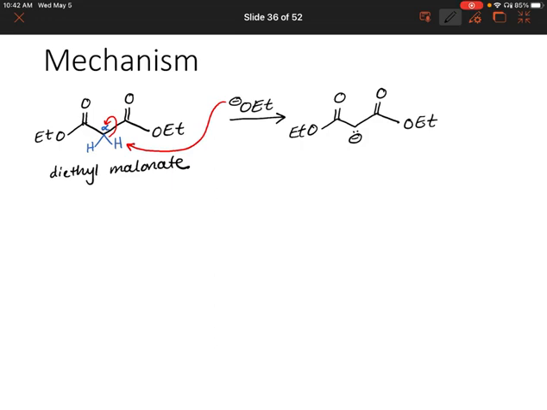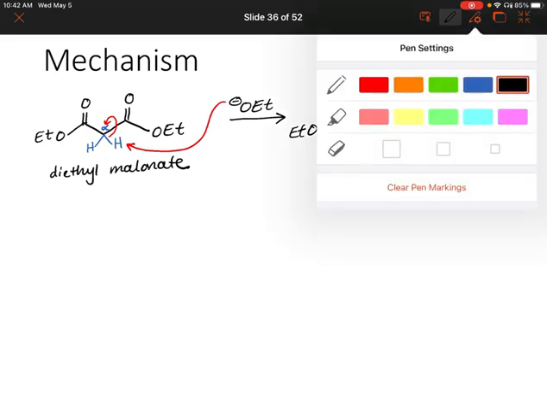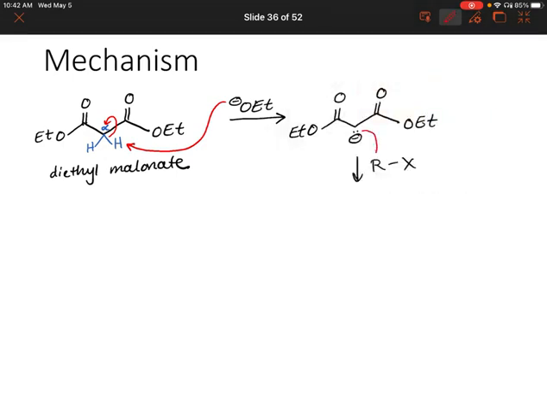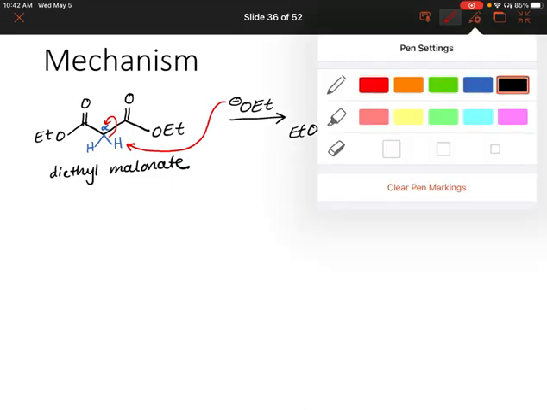Now this is where our alkyl halide comes into play. The negatively charged carbon is now going to attack the alkyl group, which will then leave electrons behind on the halogen. Now remember, for these types of reactions where we're using substitution and an alkyl halide, we want the alkyl group to be pretty simple.